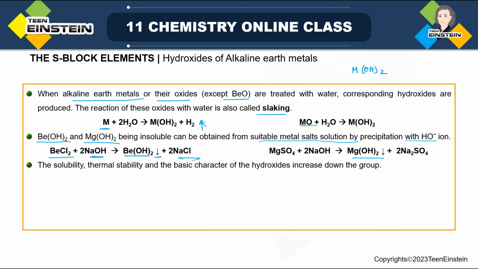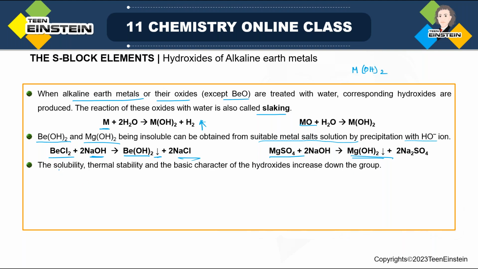You can filter it and easily separate the product from the reaction mixture. In the second case, we have taken the sulfate salt of magnesium as the magnesium source, and NaOH as usual. Again, we are getting magnesium hydroxide. But you cannot use this method for the other hydroxides because they are soluble. So we are exploiting the fact that these two hydroxides are insoluble.